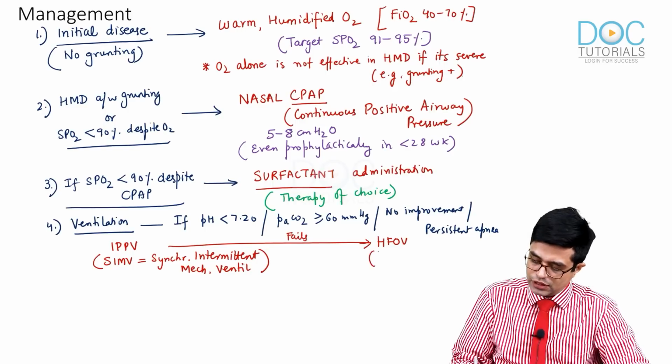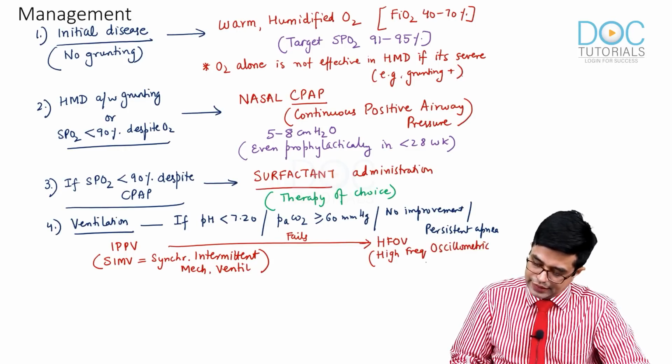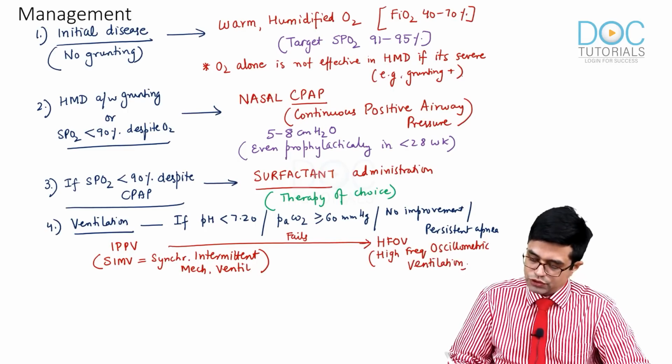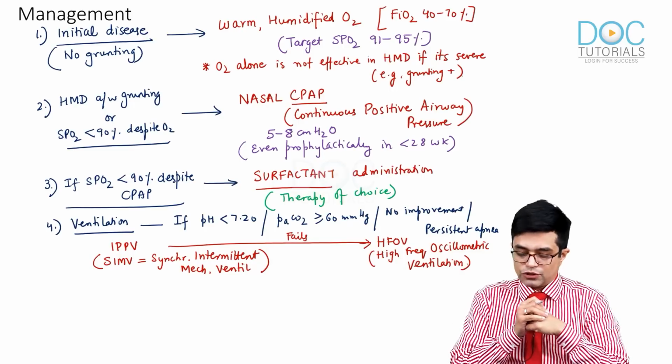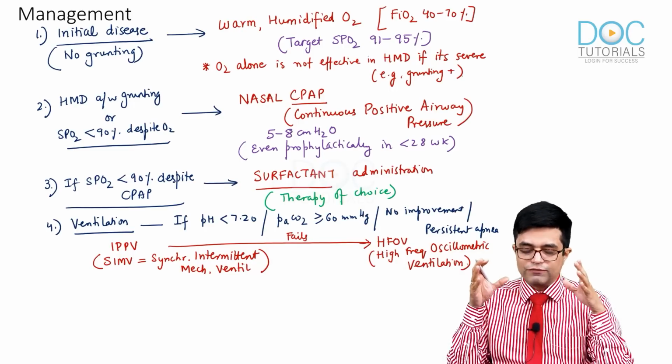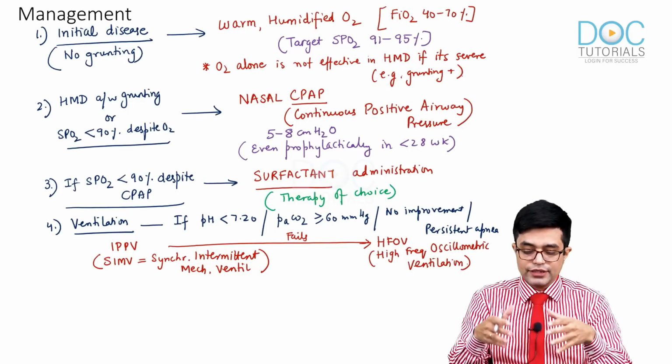HFOV stands for high frequency oscillatory ventilation. It is an advanced form of ventilation which is useful in advanced cases of pulmonary failure. So these are the four steps of management of HMD and the corresponding indications, the things you need to remember.